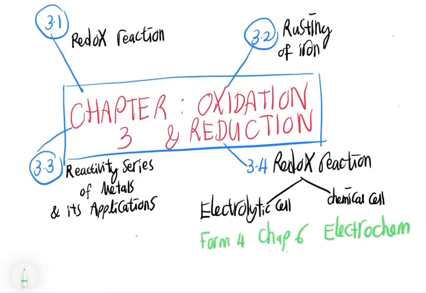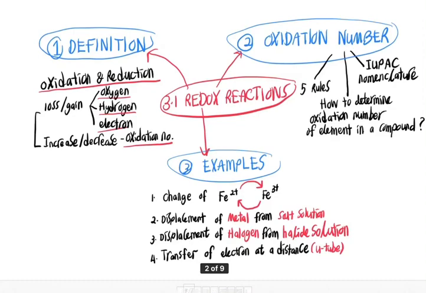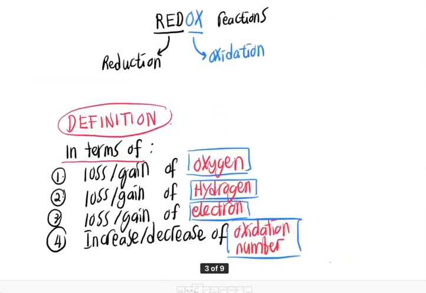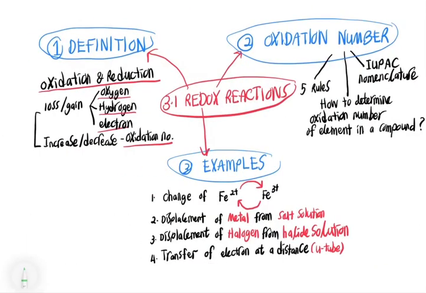In this video, I will focus on 3.1, redox reaction, and I will further explain the subtopics under 3.1. Under 3.1 redox reaction, we will learn definition, oxidation number, and examples of redox reaction.